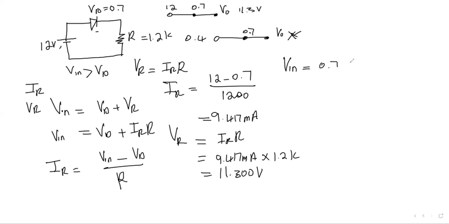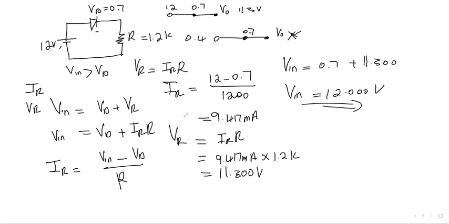So VD is 0.7, plus VR, which is 11.300. 11.300 plus 0.7, the answer is equal to 12.00 volts. So now we proved our values are correct.